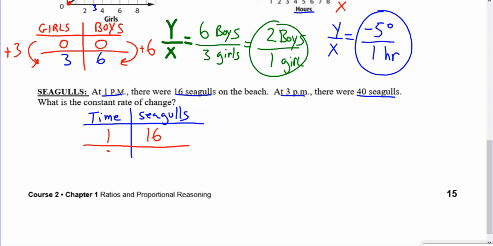And at 3 o'clock, there were 40 seagulls. So the change, this is the x part, is 2. And for the y part, it changed 24. So remember, we want to find the change of y over the change of x.